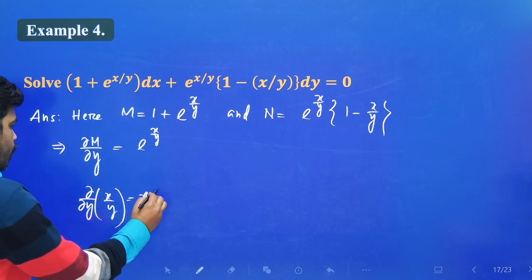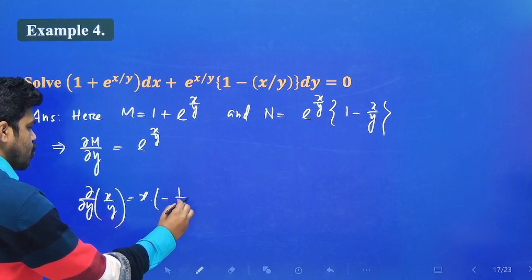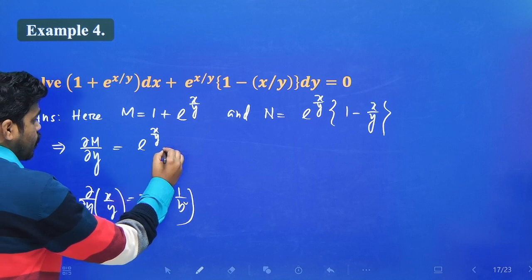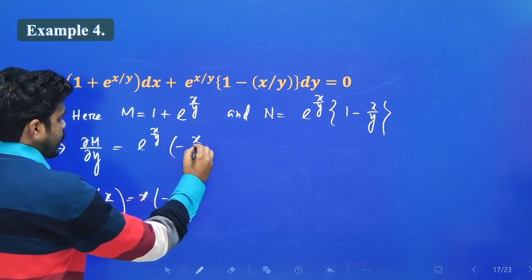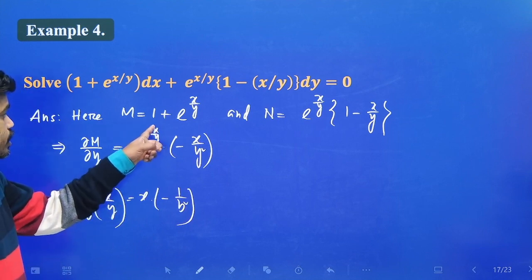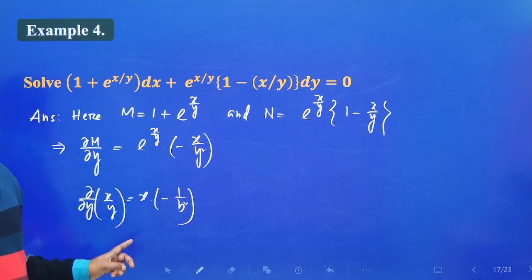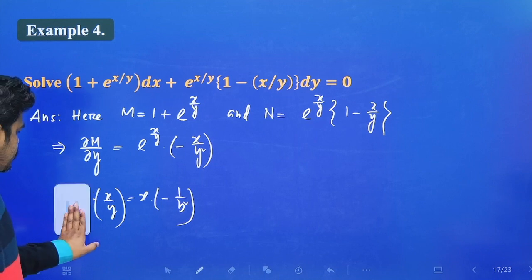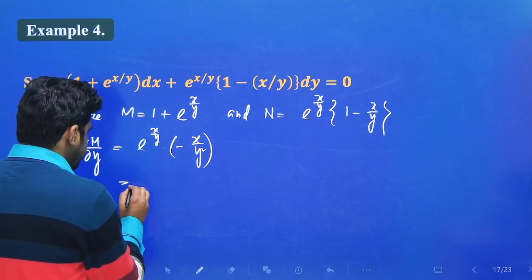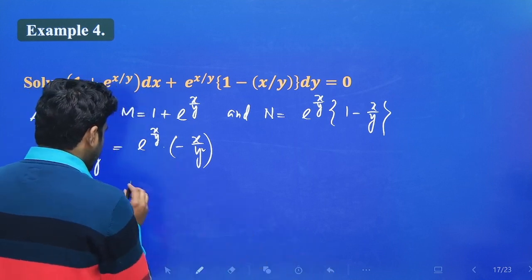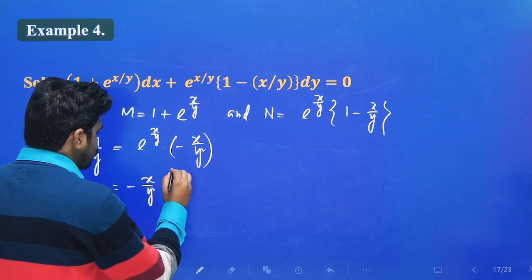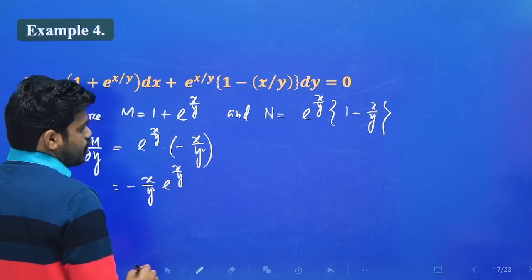So 1 by y gives minus 1 by y square, right? That means ultimately you get minus x by y square, understood? So del del y of x by y is minus x by y square, right? Okay, so ultimately del m del y, we get minus x by y square e to the power x by y, okay?